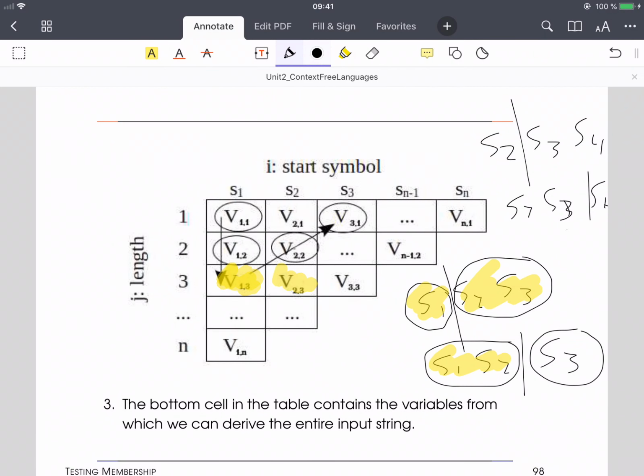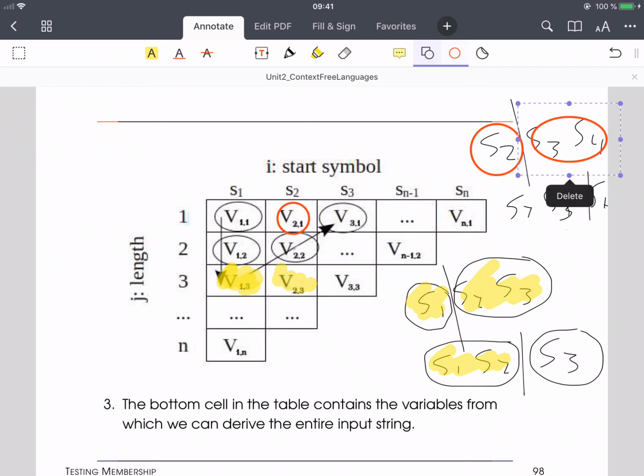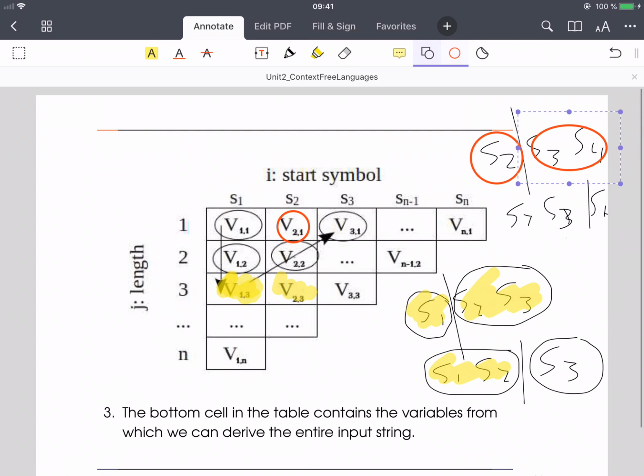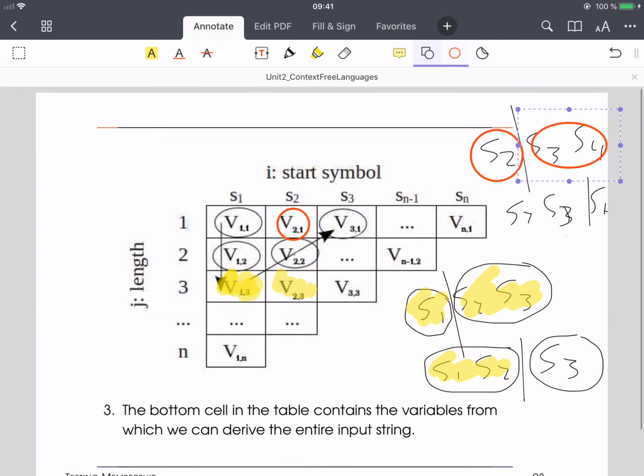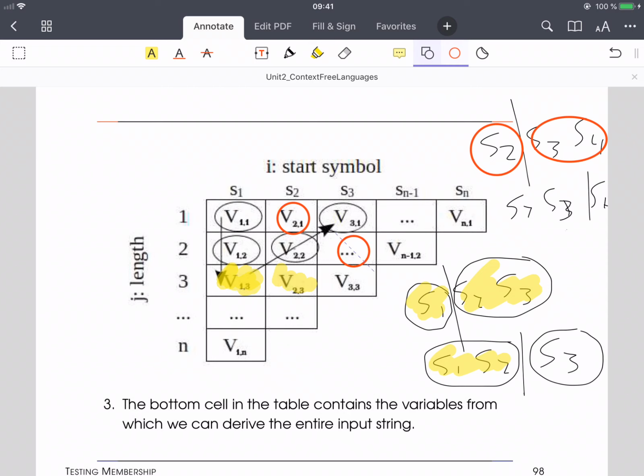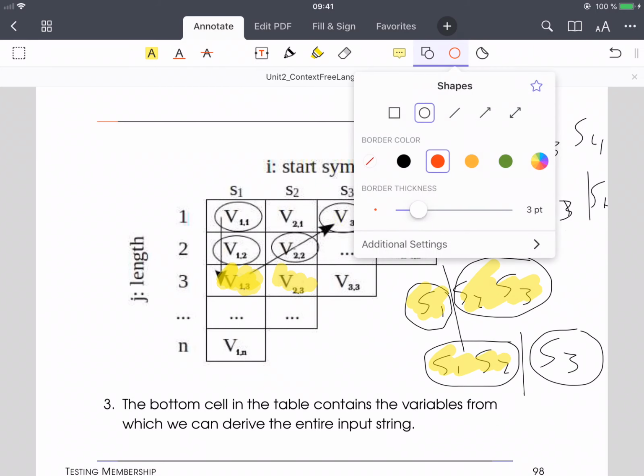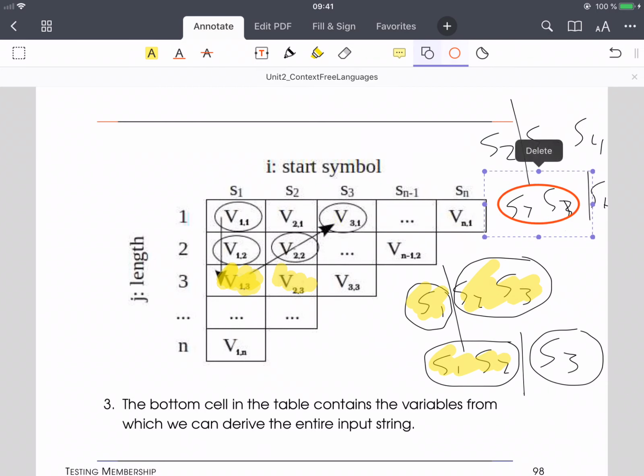And for this first situation, we have these variables, the variables that generate S2 exactly here, and the variables that generate S3, S4 exactly here. Okay? For the second way, we have S2, S3.